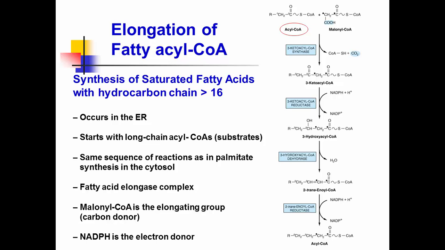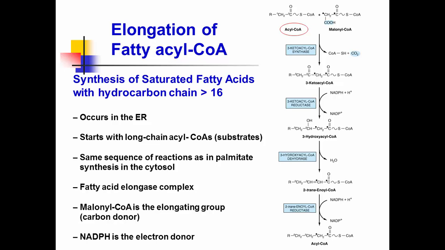Okay, so now how about the fatty acids that have longer than 16 carbons? We still talk about saturated fatty acids, right? So that means we still need the process called elongation.